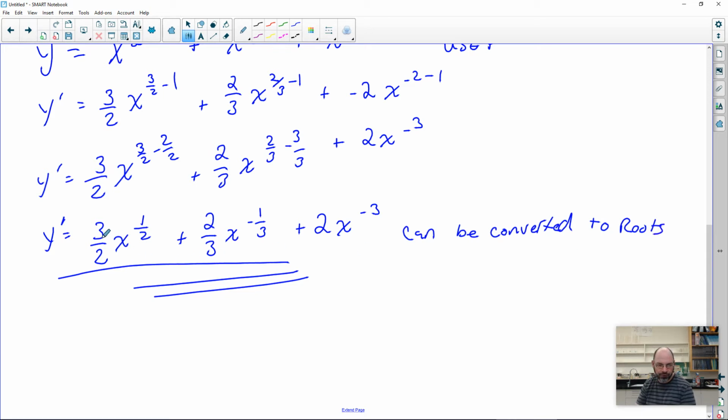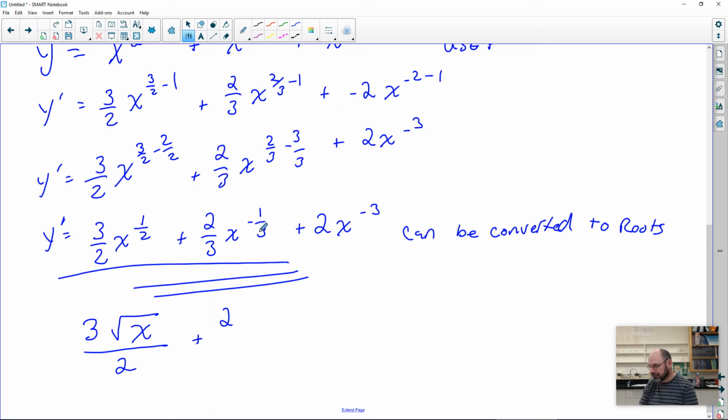Okay, so this would be 3 over 2, so 3, and then the x to the power of 1/2 is the root of x. That's that one. Plus 2, x to the power of negative 1/3.